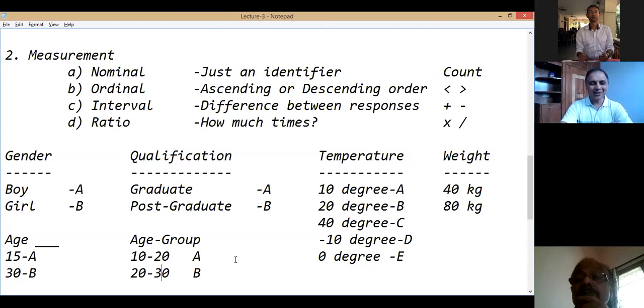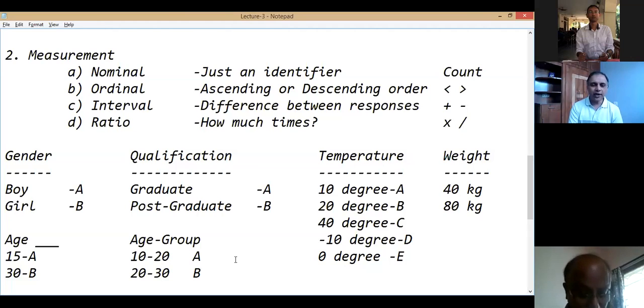Think of the question: what is your net taxable income? You will never like to share it. You feel very comfortable saying up to 5 lakh or 5 to 10 lakh. Nobody wishes to give exact income, exact age, the details. That's why we have to settle for other sorts of working.